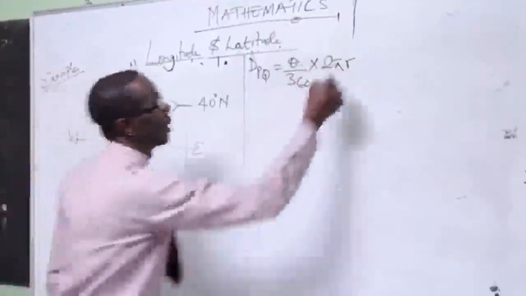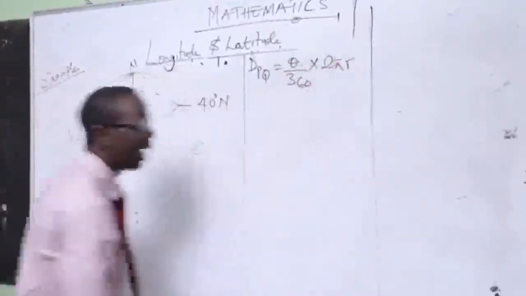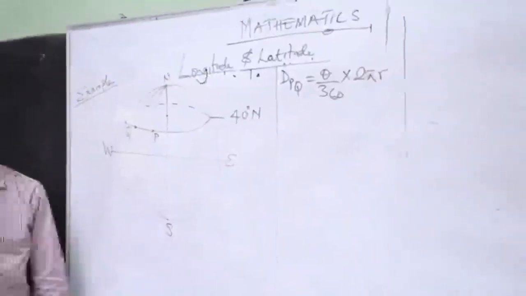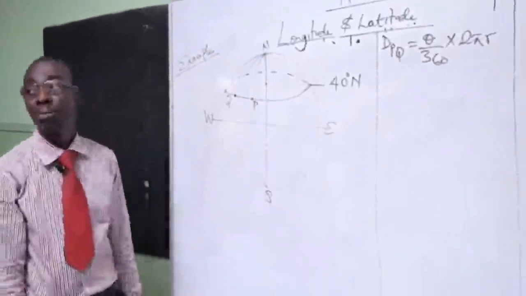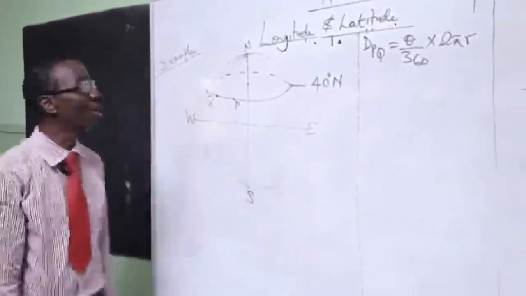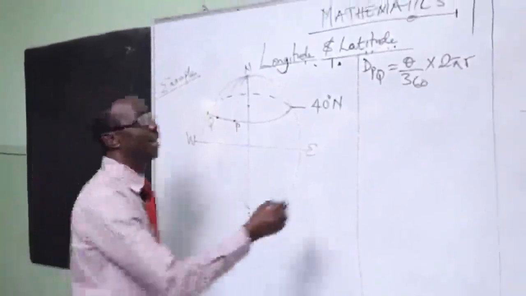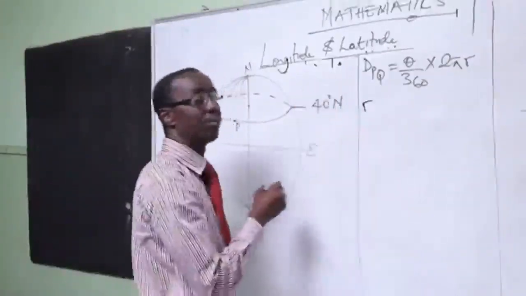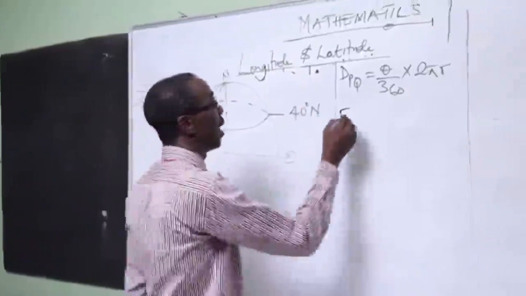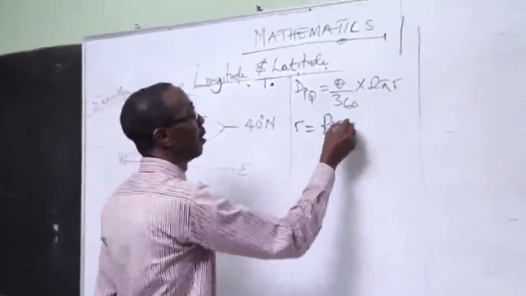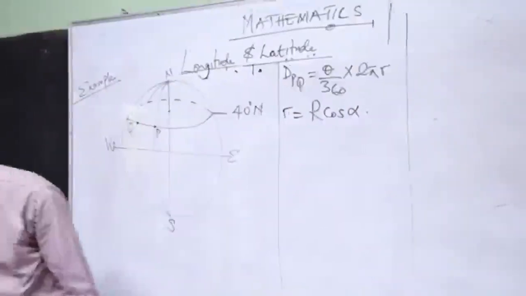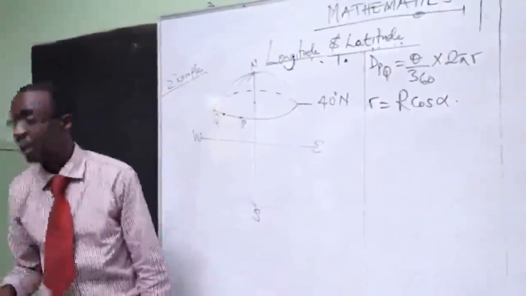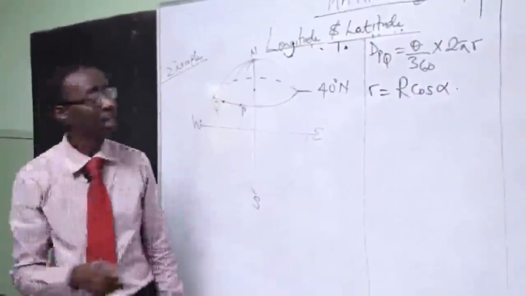Meanwhile, what is the first question asked in the problem we are solving? It says you should calculate the radius of the parallel of latitude. With the introduction we have done, the radius of the parallel of latitude is small r, which is capital R cos alpha. For this problem, you are given the radius of the earth as 6,400 kilometers.